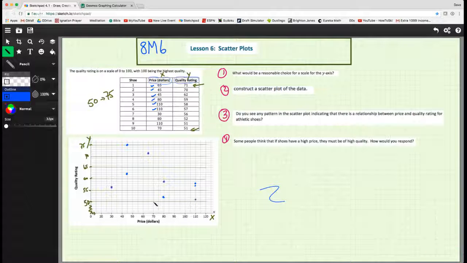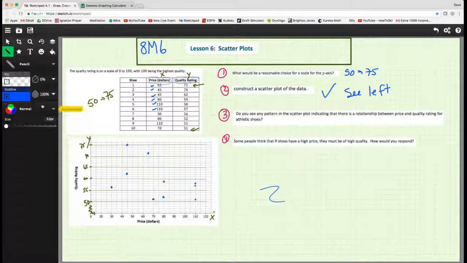And then a $70 shoe that gives me a 51. So we've done that. Our scale was 50 to 75. We've constructed a scatterplot, see left. Now, do we see a pattern in the scatterplot indicating a relationship between the price and quality of athletic shoes?